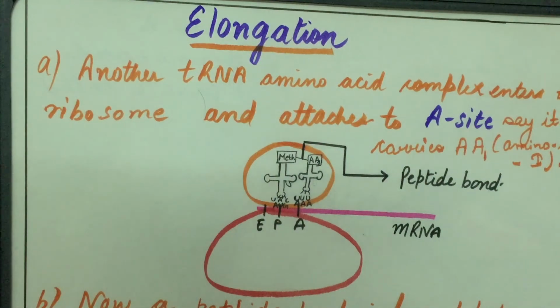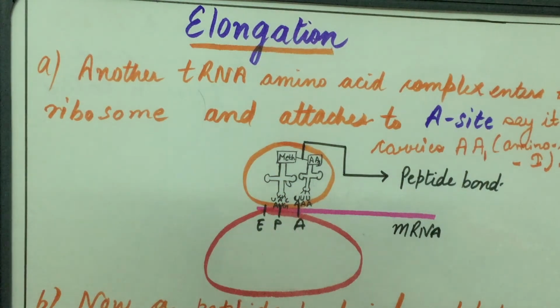Now, when the peptidyl bond is formed between methionine and amino acid 1, the tRNA present on the P site will move towards the E site, and the tRNA carrying amino acid 1 present on the A site will move toward the P site.